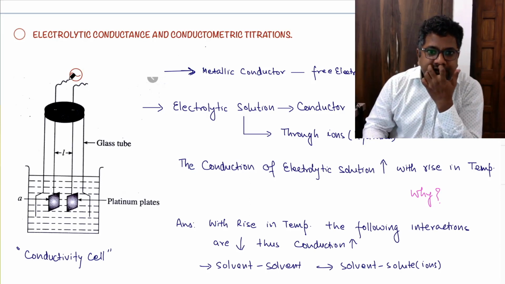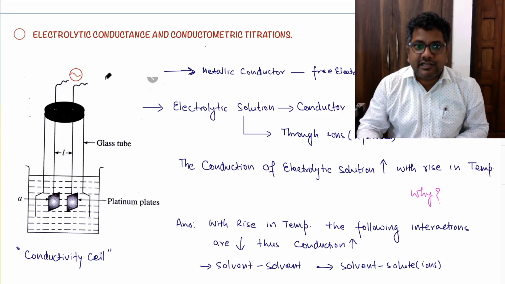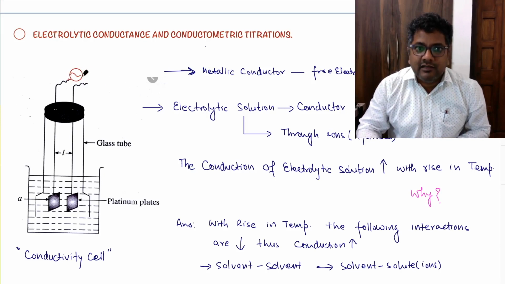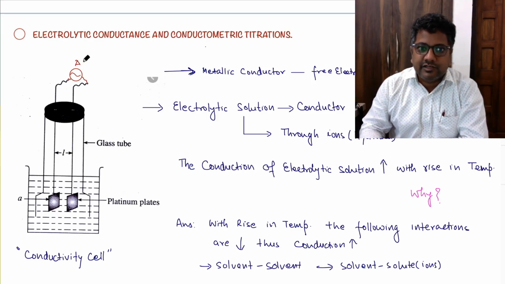If you use DC current, then instead of movement of ions, you will get discharge of ions, meaning electrolysis will start. So AC current is used here.